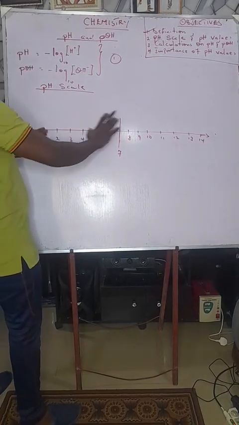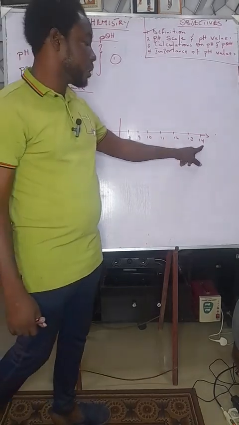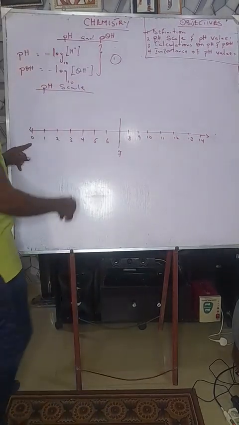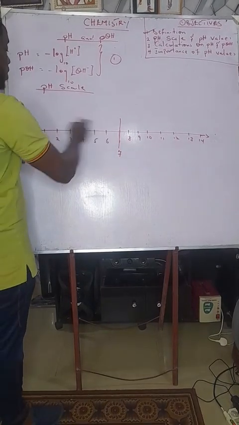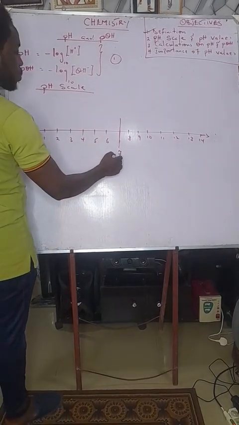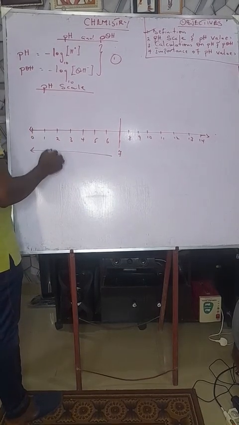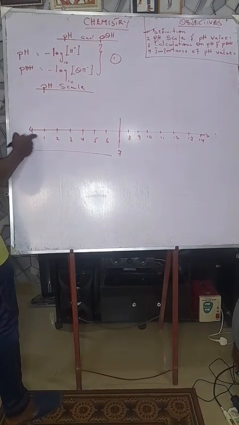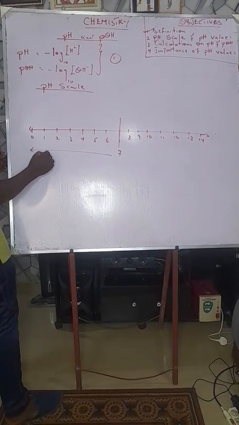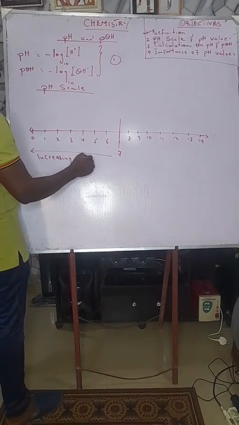Now, we have our values for pH. This is our pH scale, and it ranges from 0 to 14. From 0 to 7 is acidic, meaning from 7 downward, it is increasing this way. That is, this arrow means 6, 5, 4, 3, 2, 1, 0, increasing acidity.